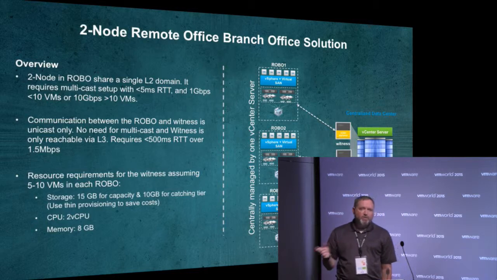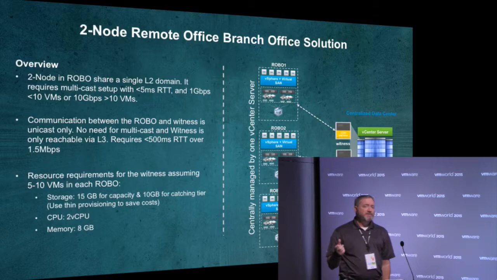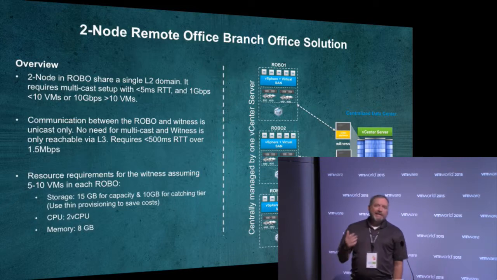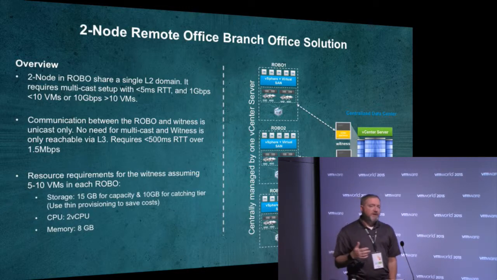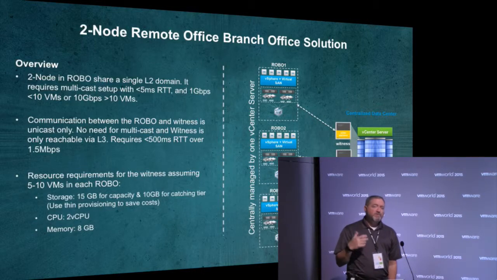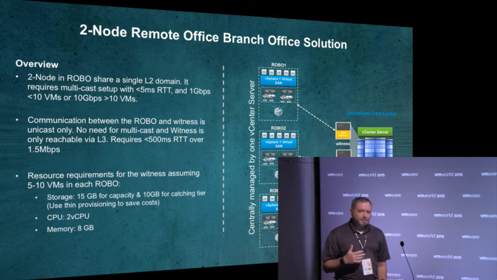Typically for a ROBO deployment, we require a 1.5 megabit connection for up to 25 VMs. We also don't have the same latency requirements that we have in a stretched cluster config. Stretched clusters typically require a 200 millisecond round trip time from a latency perspective, but with our ROBO config, fewer than 25 VMs will support up to 500 milliseconds round trip time.